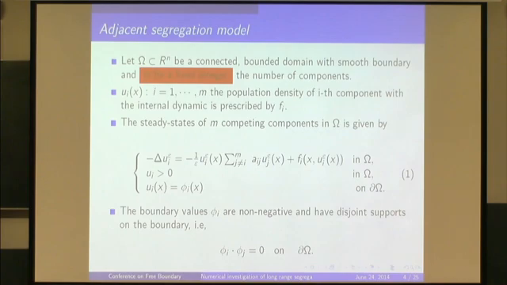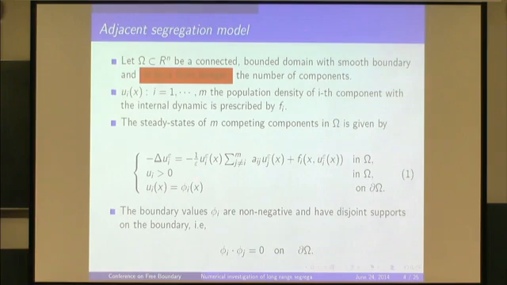When the species have a high competition and are diffusing, they interact with each other. The steady state of this process is given by this system, and Aij shows how they interact with each other.